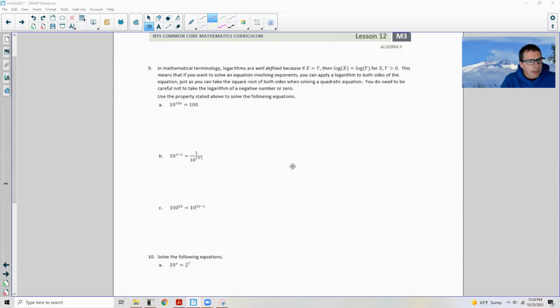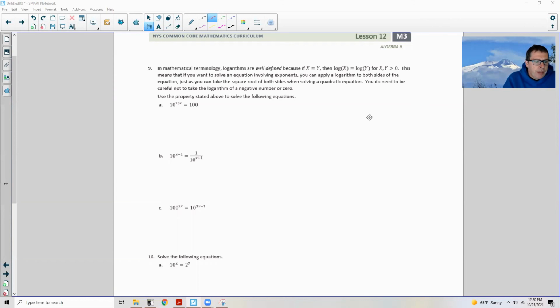What you do to one side, you do to the other, just like any other operation, right? If x and y are both positive. This means that if you want to solve an equation involving exponents, you can apply a logarithm to both sides of the equation, just as you can take the square root of both sides when solving a quadratic. You do need to be careful not to take the logarithm of a negative number or 0.